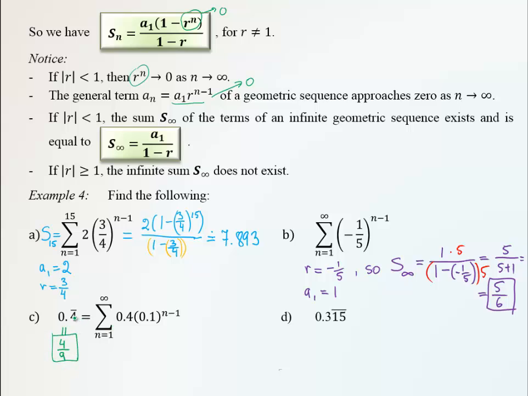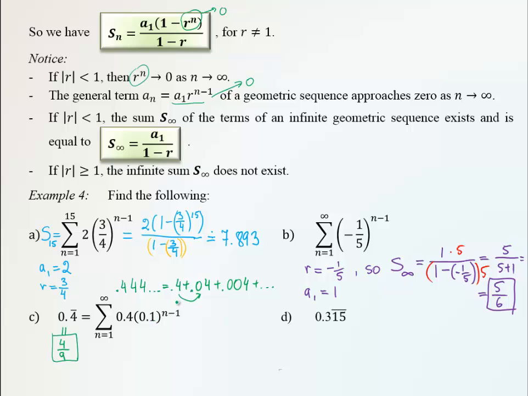First of all, notice that 0.4 repeated, which is like 0.4, 4, 4, and 4 forever, can be written as 0.4 plus 0.04 plus 0.004, and so on.